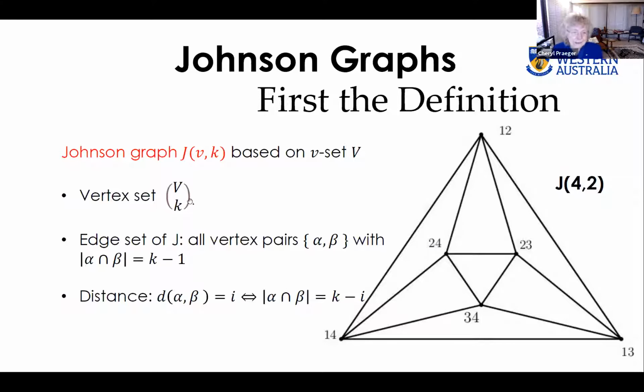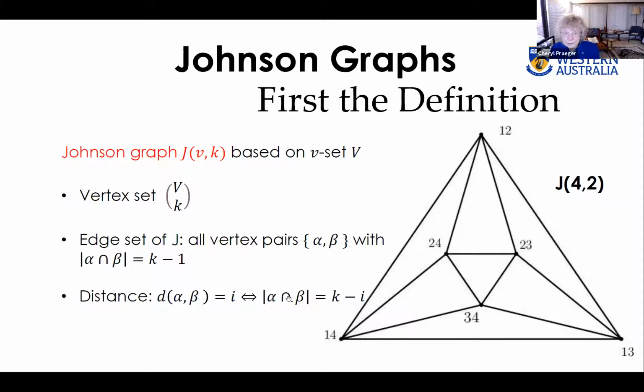So the vertices are K subsets, and the edges are all the vertex pairs, alpha, beta, K sets which intersect in as big as it can be for distinct vertices, K-1 points of V. This is quite nice in the Johnson graph because the size of the intersection tells you about the distance between any two vertices. If the shortest path between vertices alpha and beta has length i, then that happens exactly when the K sets alpha and beta intersect in exactly K-i points.